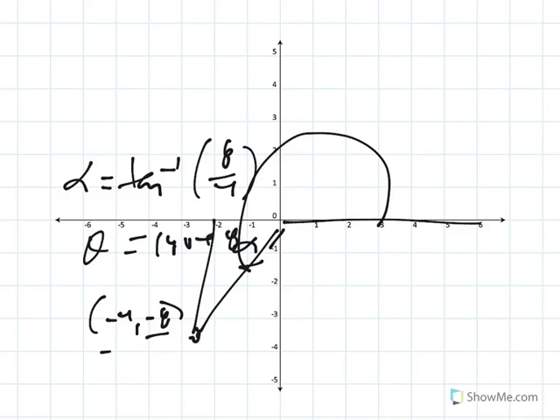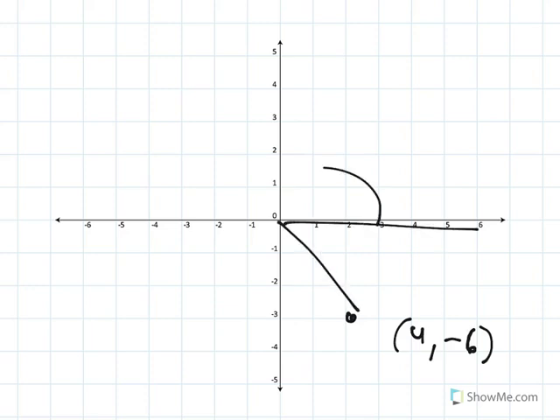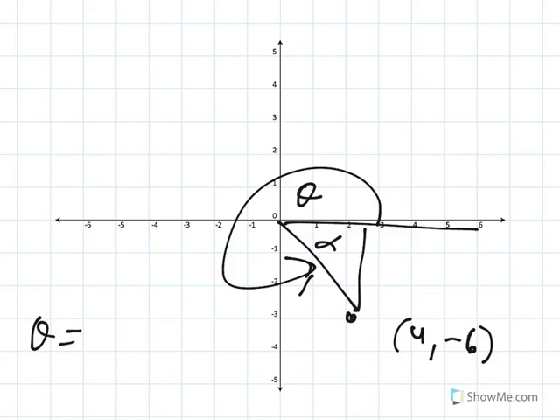On the other hand, if my point is in quadrant 4, like 4 comma negative 6, this is theta now, Pac-Man. Here's alpha. So I would say that theta is equal to 360 minus tan inverse of 6 over 4. Not negative 6, but regular 6 over 4.